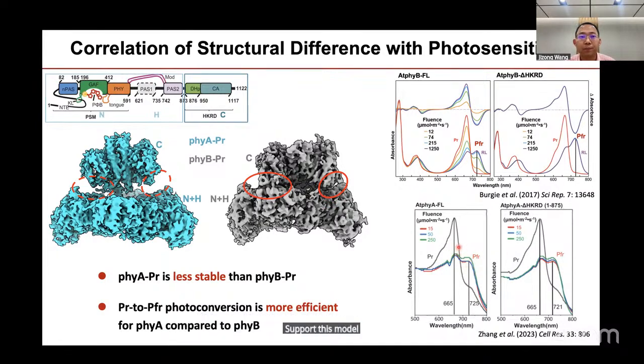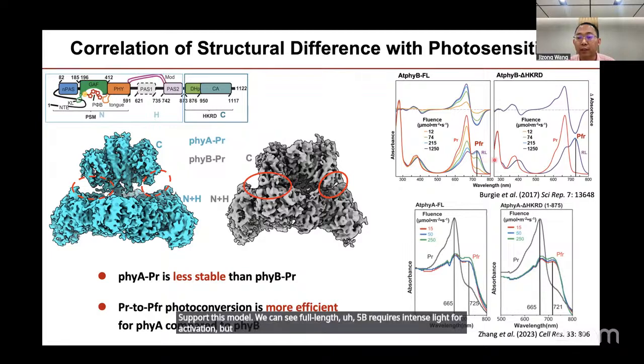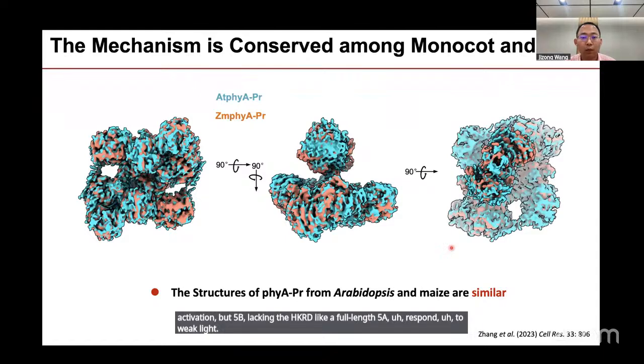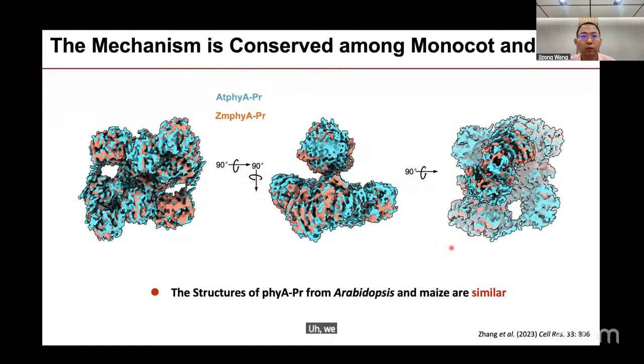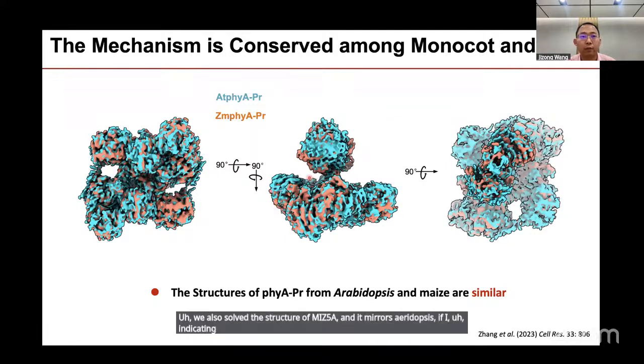We can see full-length phyB requires intense light for activation, but phyB lacking the HKRD, like full-length phyA, responds to weak light. We also solved the structure of maize phyA, and it mirrors Arabidopsis phyA, indicating the evolutionary conservation of this mechanism.